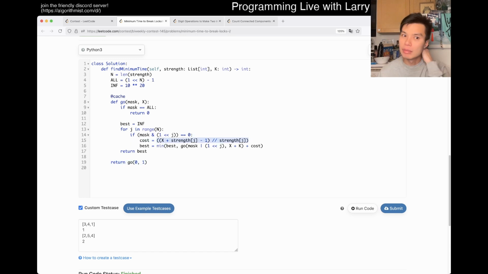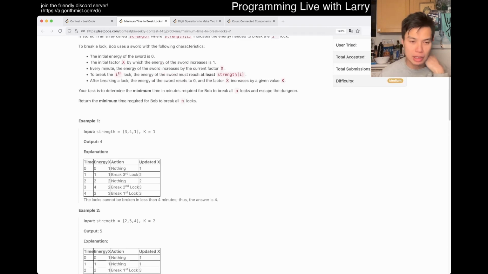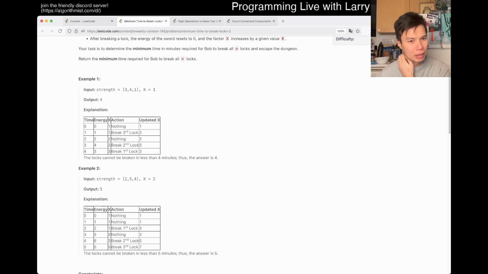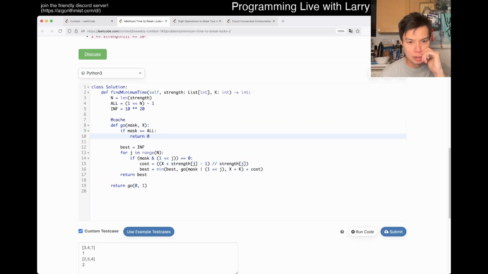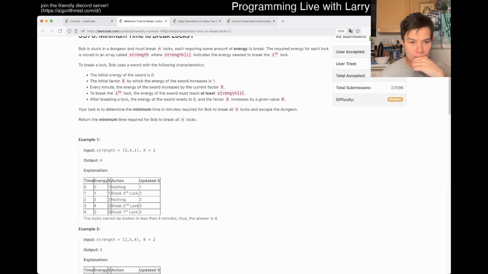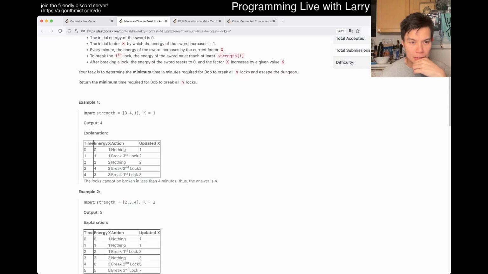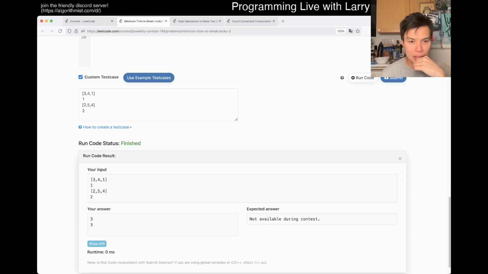Is that not right? Does it take 1 second to break, maybe? X updates. Right. Okay, is 1. Takes 1 second. 2, then 2 seconds, and then 3 is 1 second. Why does it think it's 3?